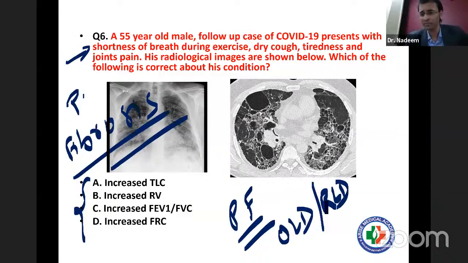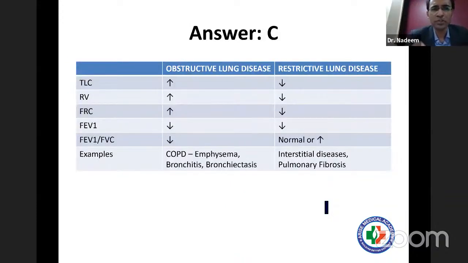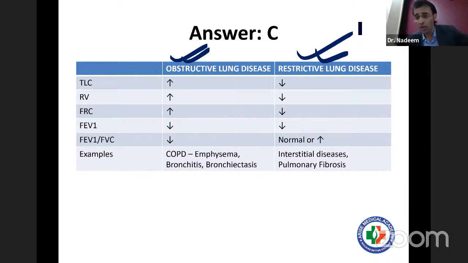Let's understand it. Overall, there are 2 types: obstructive lung disease and restrictive lung disease. I hope all of you know this basic physiology. As we know, all interstitial lung diseases like pneumoconiosis, occupational lung diseases like silicosis, asbestosis, anthracosis, and byssinosis, all these are interstitial lung diseases, right?